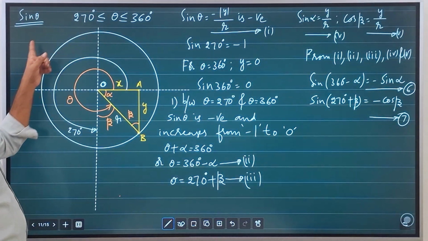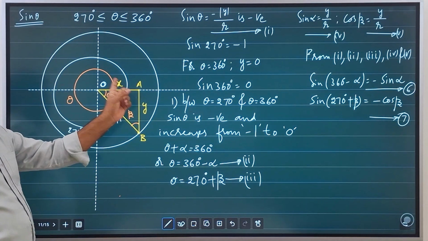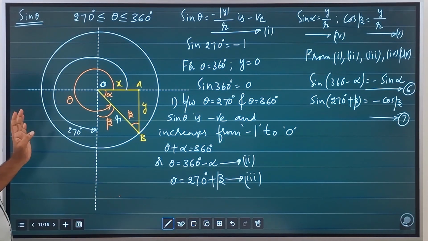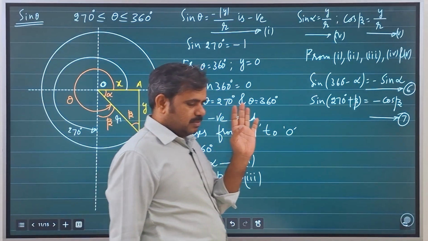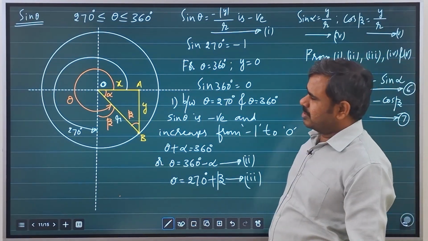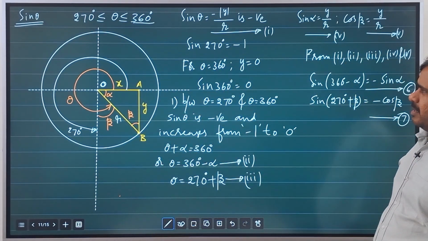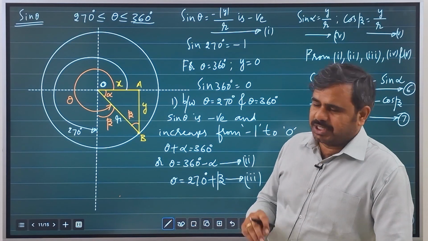So this is what happens in one cycle. In one cycle, the total angle is 360 degrees. What did we do in these 4 cases? We changed angle theta from 0 degrees to 360 degrees and studied how sin theta values change.